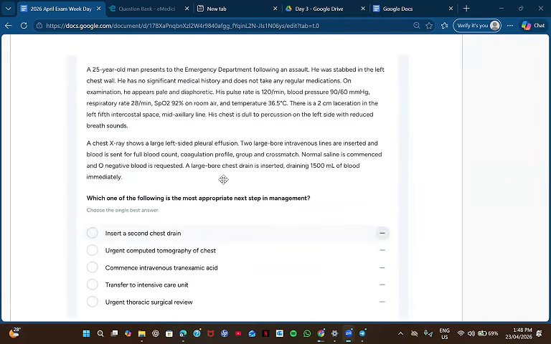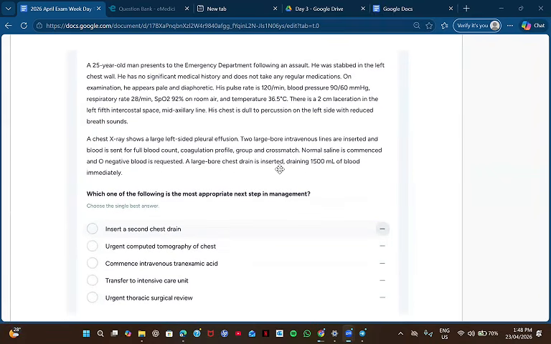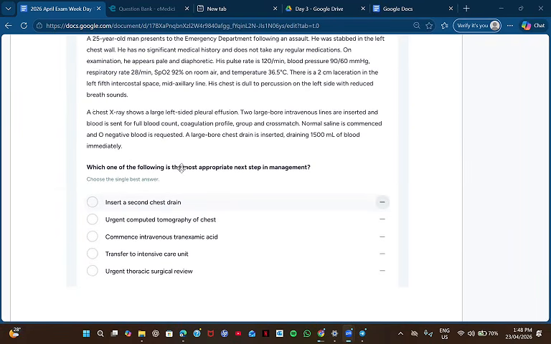Okay, next one. A 25-year-old man presents to the emergency department. You can think of the same scenario, a 2 centimeter laceration, and the chest X-ray shows a large left-sided pleural effusion. Two large bore intravenous lines are inserted, and blood is sent for full blood count, coagulation profile, and group and cross match.